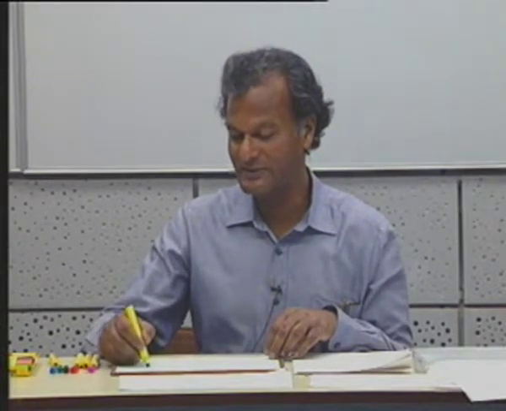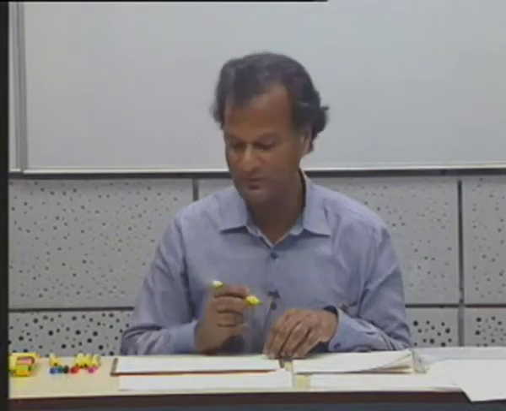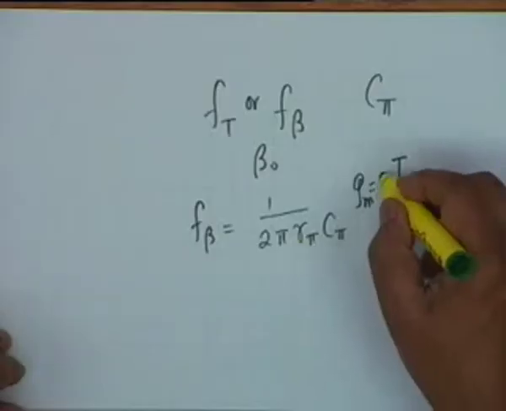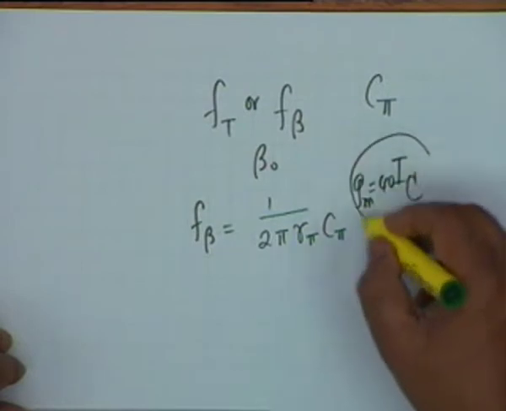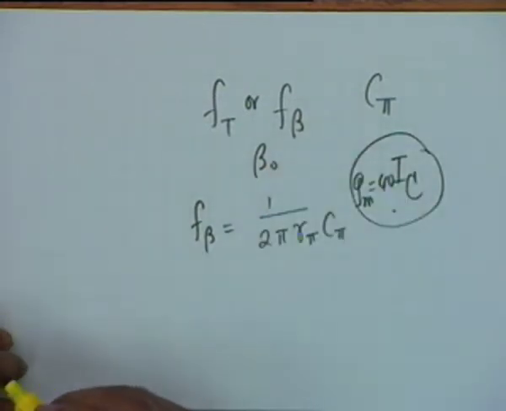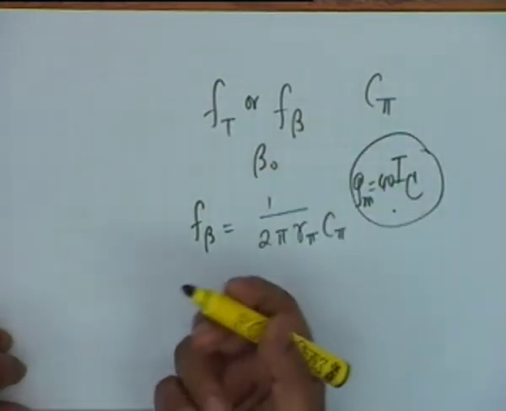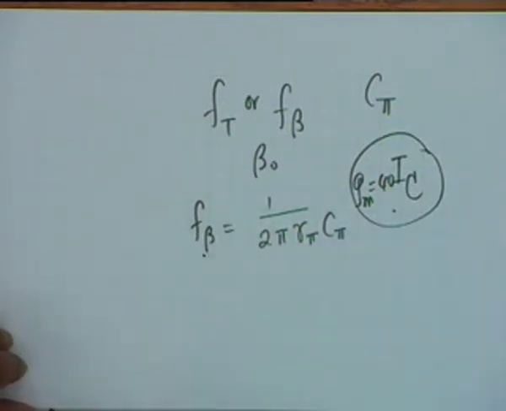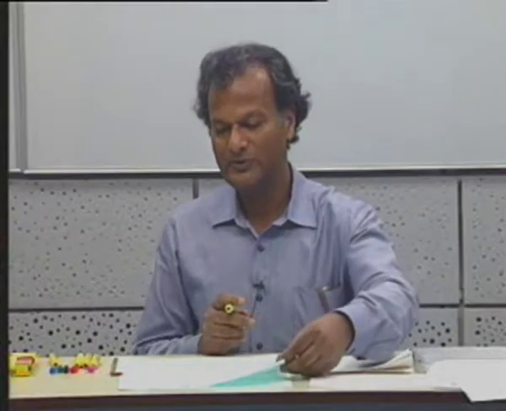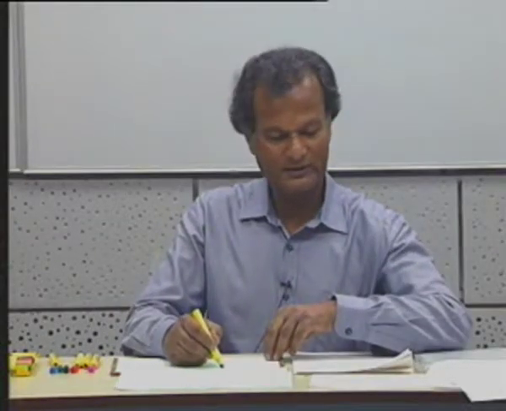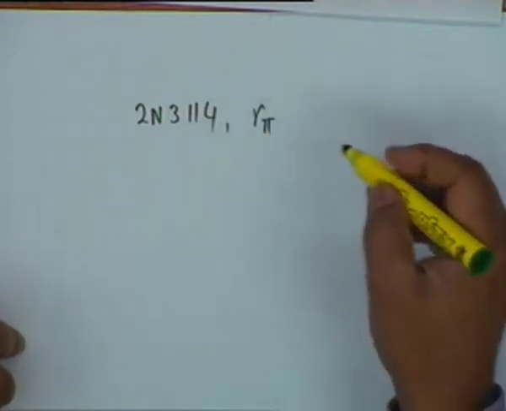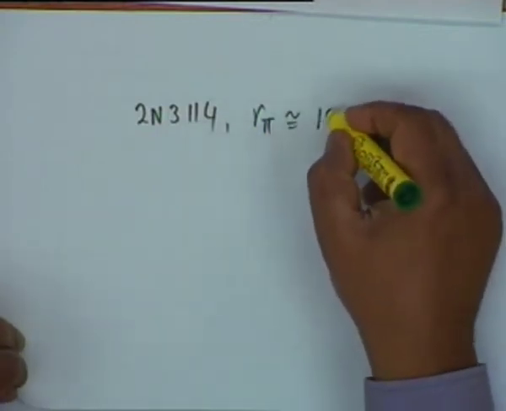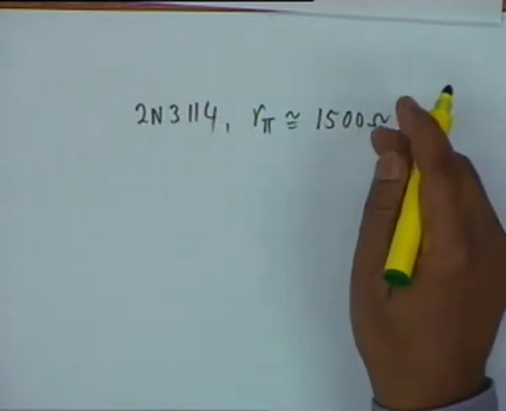If the DC collector current I sub C is known, then you find g m as 40 I C, and from this and beta 0 you find r pi, and if you know r pi and f beta, then you know C pi. As an example, for the 2N3114 transistor, the manufacturers have specified that at a typical operating point r pi is 1500 ohms.